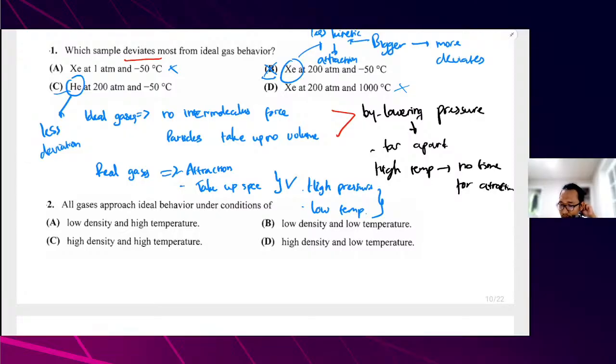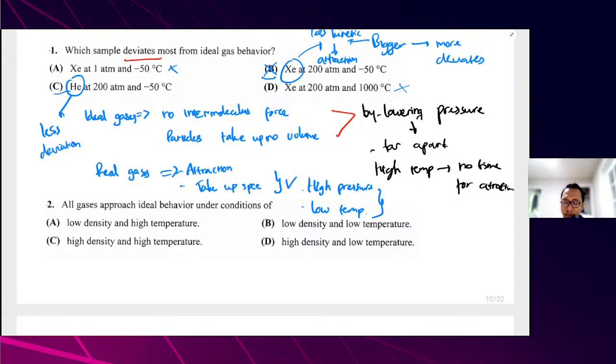We have to know the conditions of the ideal case: lowering pressure, so the particles are far apart and there is no attraction, and high temperature, so there is no time for attraction.